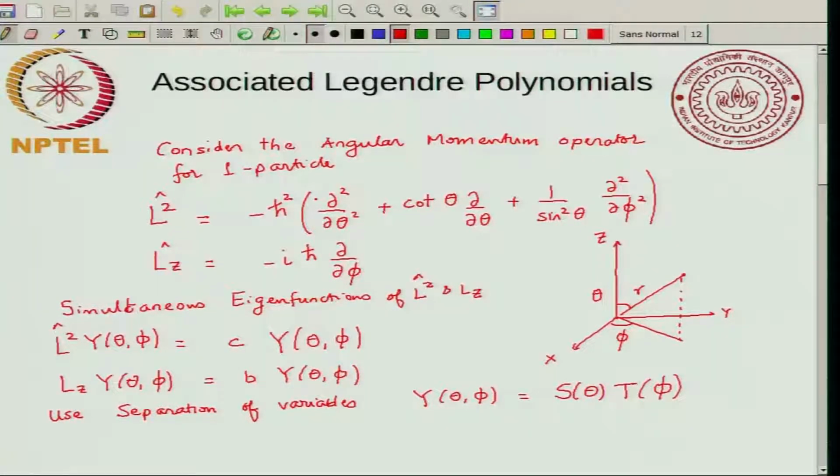Let me emphasize that these two are differential equations, because L square has a representation that involves derivatives. Similarly, Lz also has a derivative. The second case is a first order differential equation, and for L square you have a second order partial differential equation that includes both theta and phi.